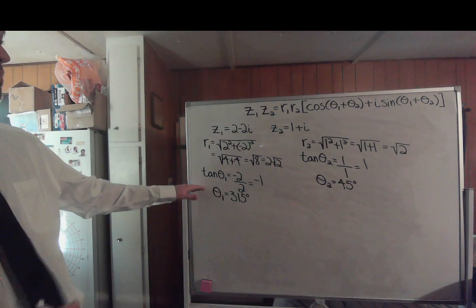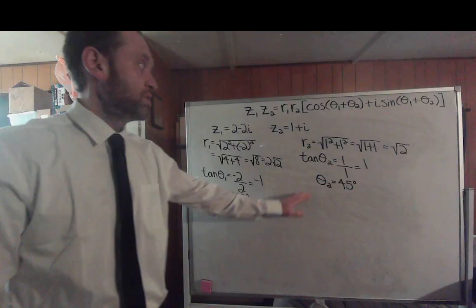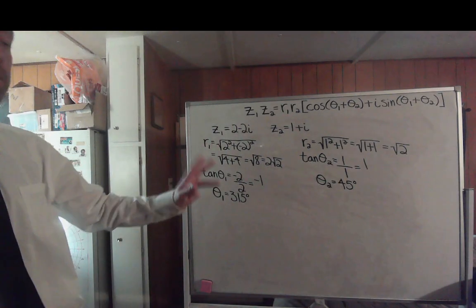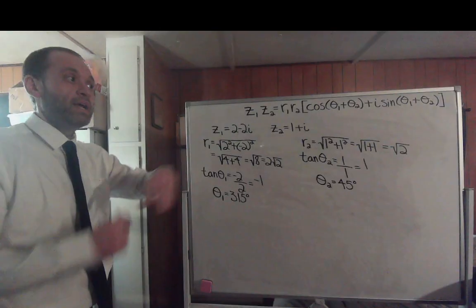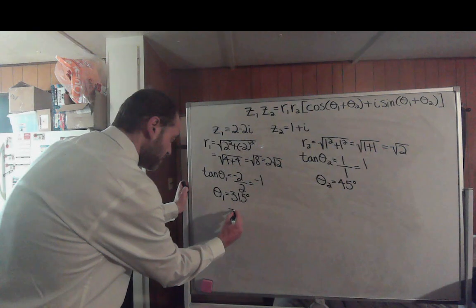All right, so we found both the r values and the theta values for both of these complex numbers. Now we can plug in some values here.